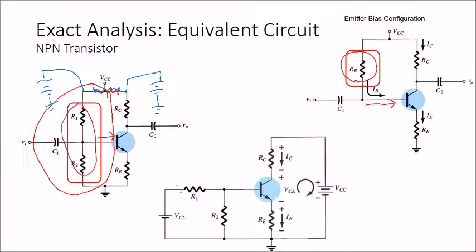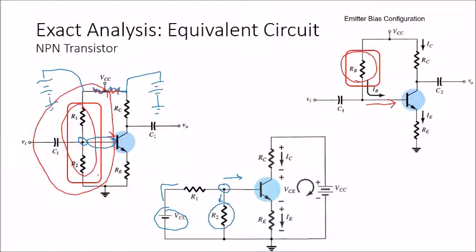We have VCC, and from the VCC we connect to R1. Connect to R1 here, and then from this point, it will divide into two: one connection connects to the base terminal, and another one connects to R2 here.